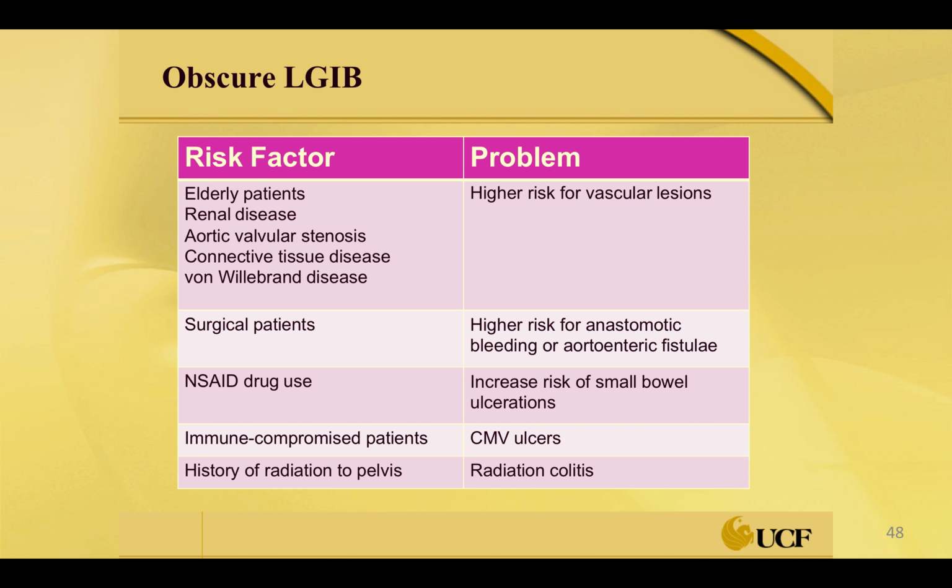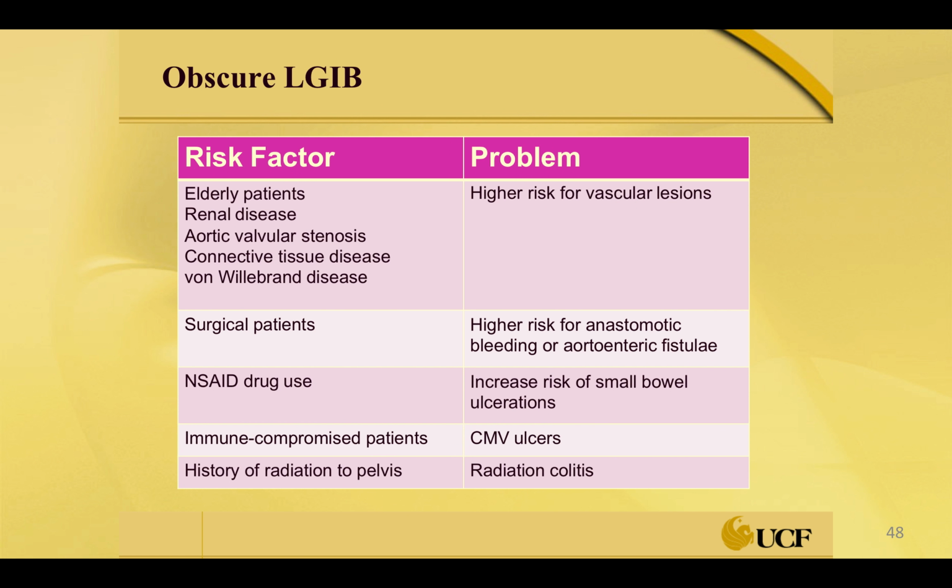Some risk factors associated with obscure LGIB, again, are elderly patients or renal patients, obviously because their erythropoiesis is affected. Also patients with aortic valvular stenosis, connective tissue disease, von Willebrand disease, surgical patients, patients on NSAID drugs, immunocompromised patients, and also history of radiation to the pelvis.